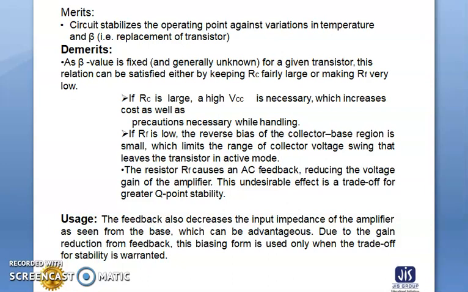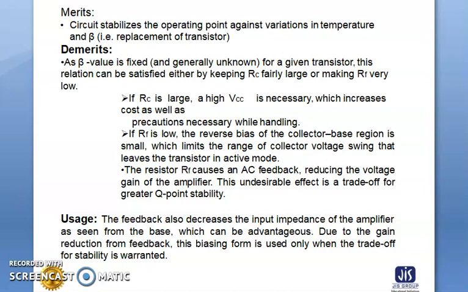If RC is large, a high VCC is necessary, which increases cost as well as precautions necessary while handling. And when RF is low, the reverse bias of the collector base region is small, which limits the range of collector voltage swing that leaves the transistor in active mode.